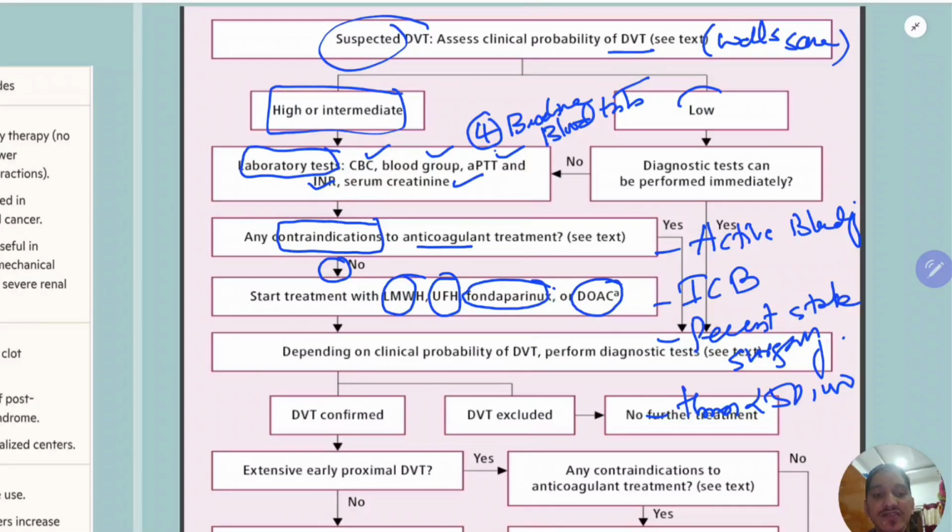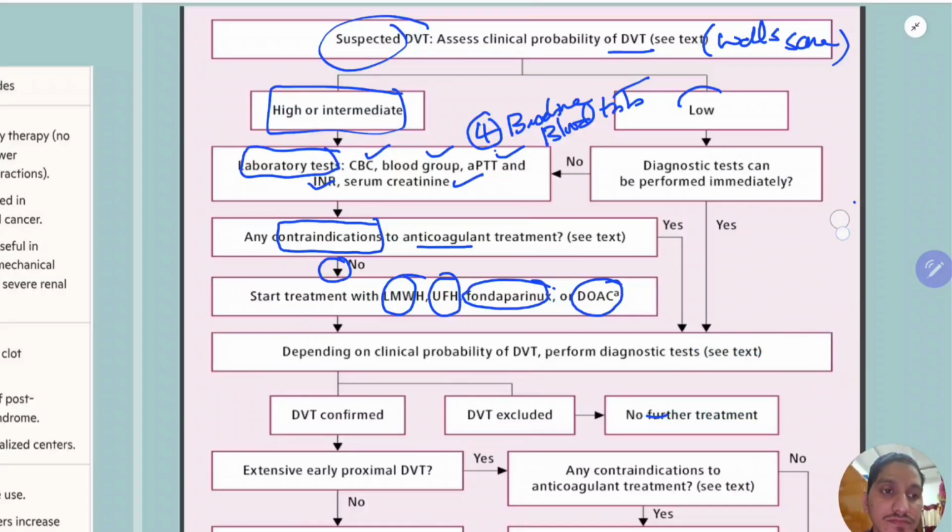So these are the contraindications to anticoagulation treatment. If the risk is high or intermediate, depending on the Wells score, you will start anticoagulation therapy if there is no contraindication. If there is a contraindication, then you will not start anticoagulants.